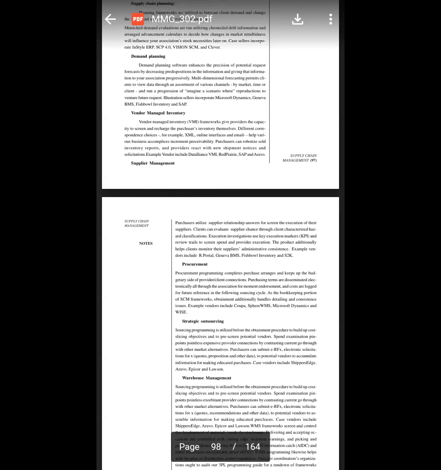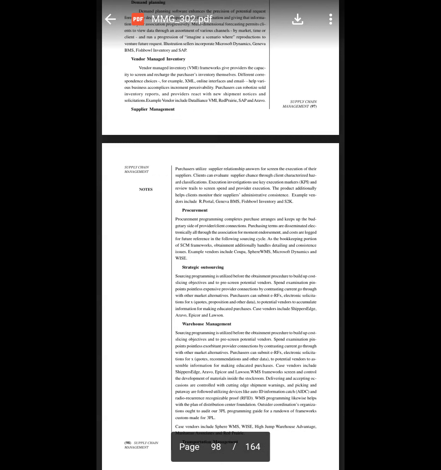Supplier management plays an important role, as purchasers utilize supplier relationship software to monitor the execution of the supplier. Supplier management is an important activity because with the help of the supplier only we are getting the raw materials. If you have a manufacturing unit, then suppliers are an asset for you, because they are providing you the goods, and sometimes if you don't have the capacity to pay them, suppliers play a major role in providing the raw materials for a specific duration of time.